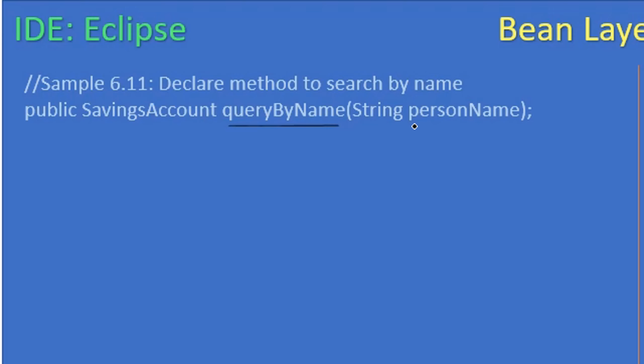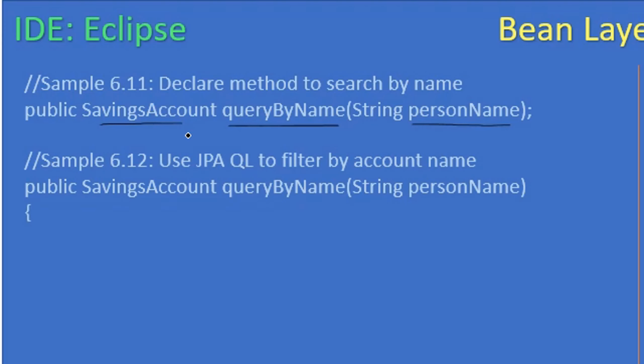In our previous method we passed the person ID. Here we are passing the person name, and this will also return a single entity. And if you see, the return type is savings account. So this is the remote bean interface, and here is the implementation.